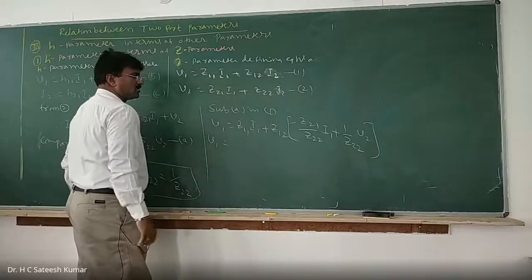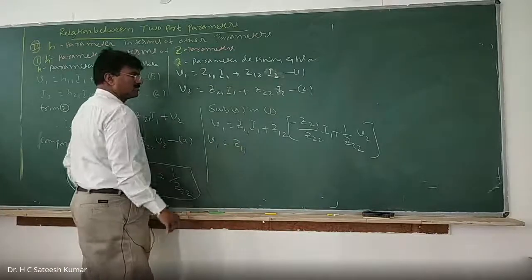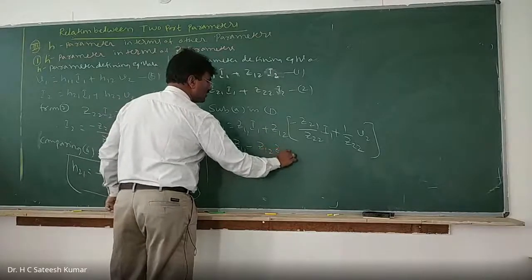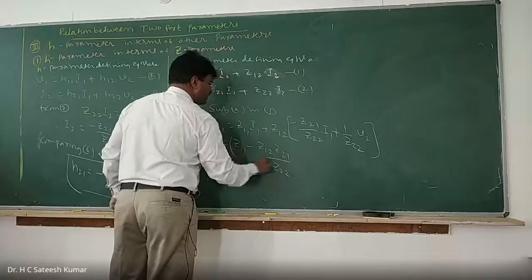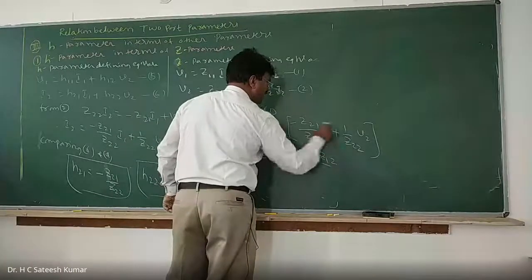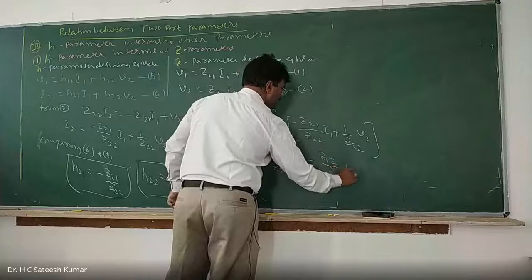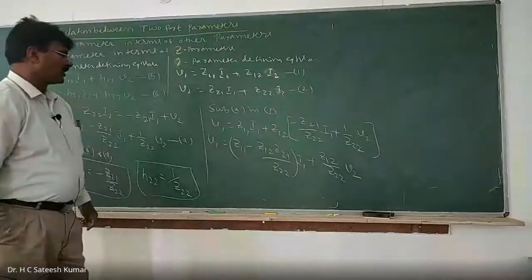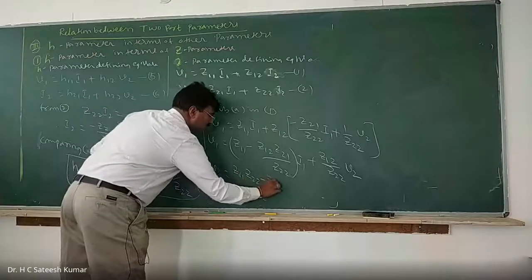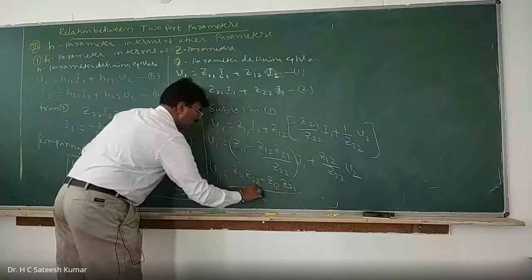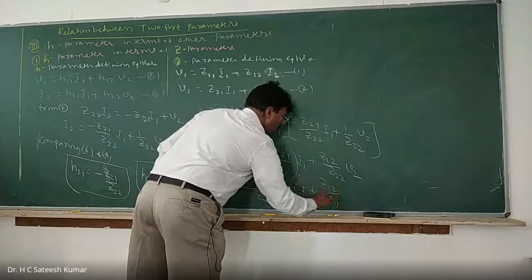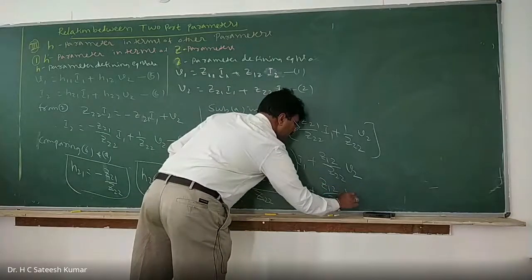V1 is equal to Z11 plus minus Z12 into Z21 divided by Z22 into I1 plus Z12 divided by Z22 into V2. Take the LCM. V1 is equal to Z11 into Z22 minus Z12 into Z21 divided by Z22 into I1 plus Z12 divided by Z22 into V2.